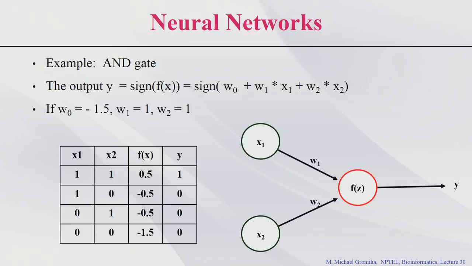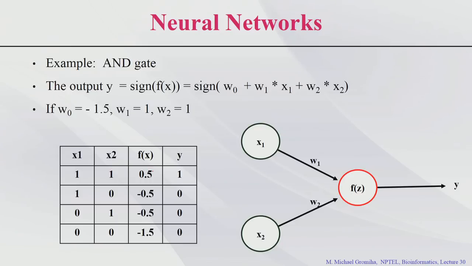For example, if you have an AND gate, the output is y. Here the sign of w0 plus w1 into x1 plus w2 into x2, so we have x1 and x2. For example, take the weights w0 equal to minus 1.5, w1 equal to 1, w2 equal to 1. With x1 equal to 1 and x2 equal to 1, what is f of x?